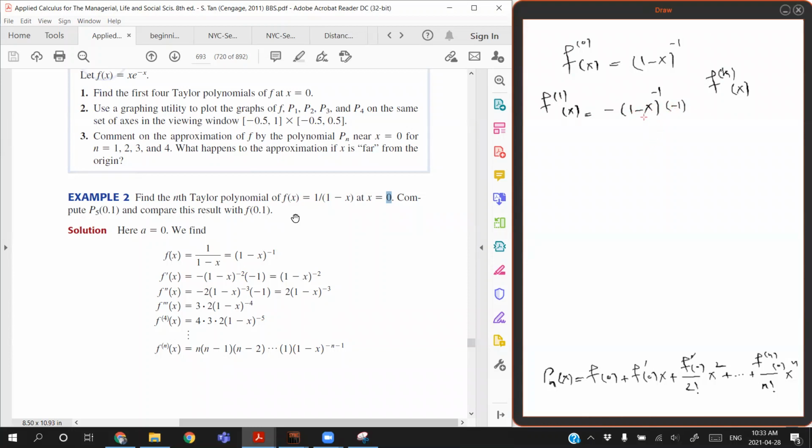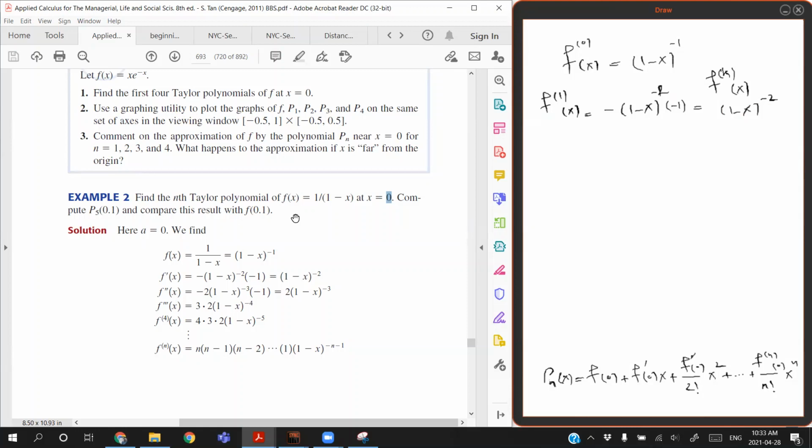And I have to use the chain rule here because I have a function to the power of some negative number. So it's going to be negative 1, 1 minus x to the power of negative 2. I wrote negative 1, negative 1 minus 1, negative 2. And then I have to multiply by the derivative of the inner function. So this becomes 1 minus x to the power of minus 2, right?